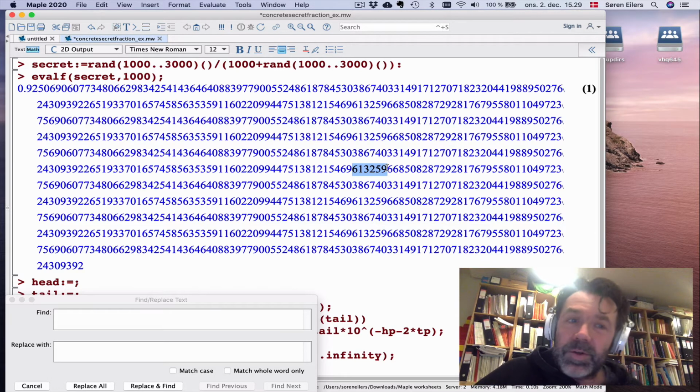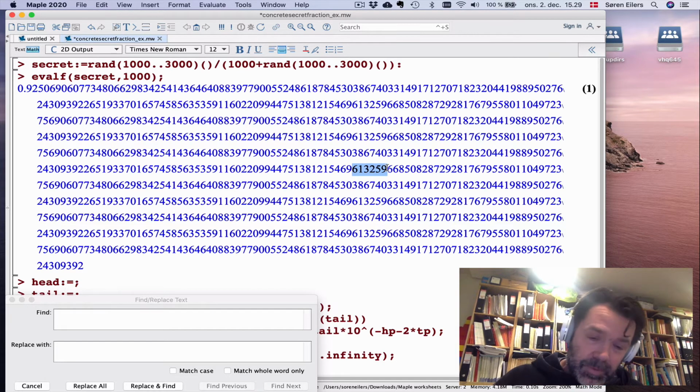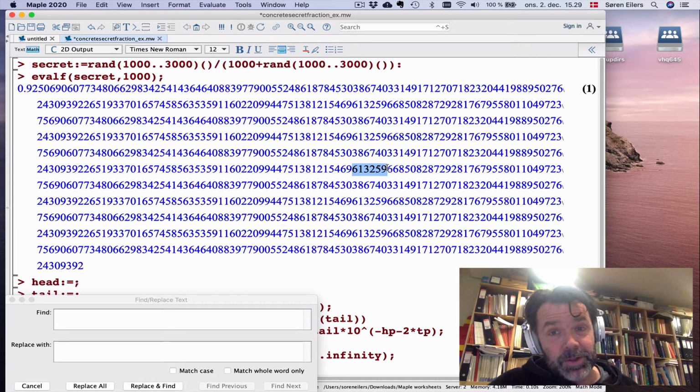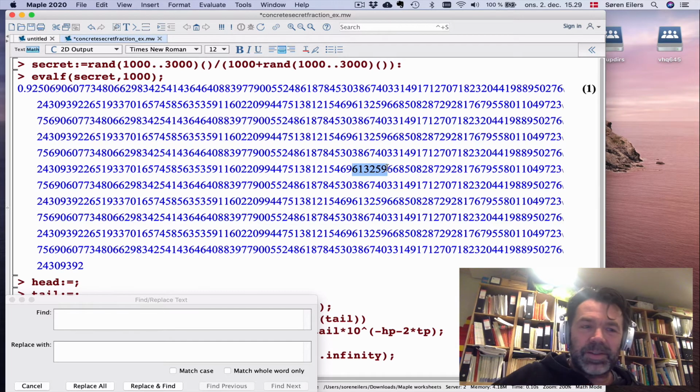This, of course, is not a surprise because it's a fraction that I'm evaluating, so it's well known that the floating point expansion of a fraction is going to be periodic. This is the kind of thing that we're doing in visualization. By rescaling the box, I could help myself to see what's going on.